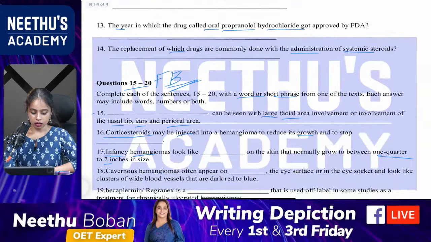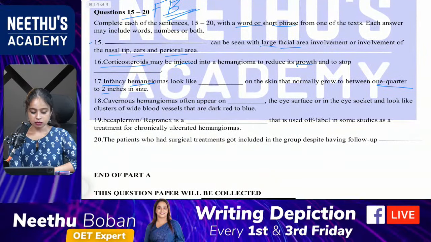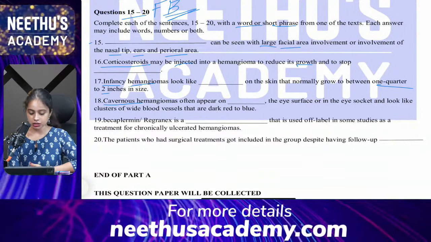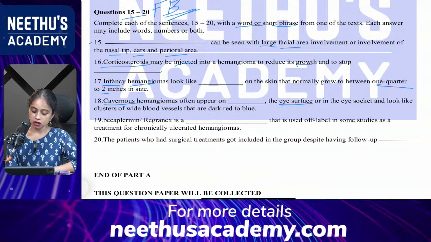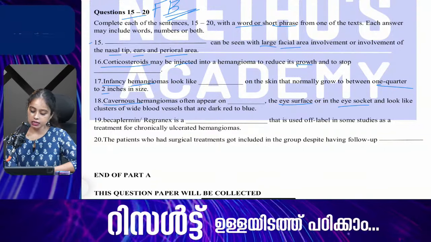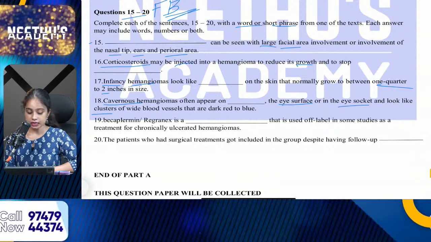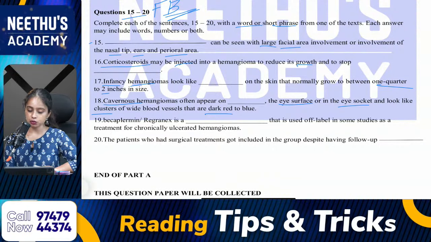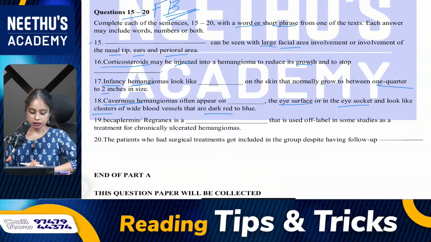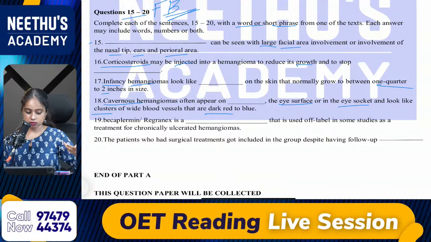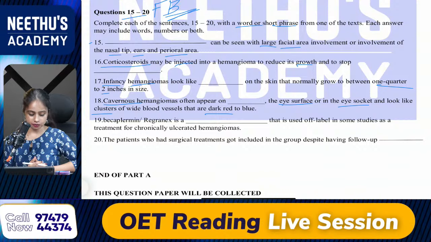Then 18th one. Cavernous hemangiomas often appear on dash in the eye surface or in the eye socket and look like clusters of white blood vessels that are dark red to blue. So what about the 18th one? Any answers?